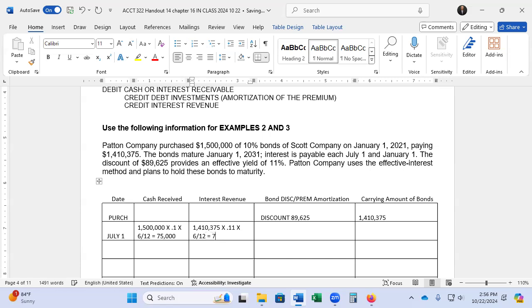And so that equals 77,571. And so now we say, well, how much of the discount is amortized? So we have 75,000 minus 77,571. And that equals 2,571.